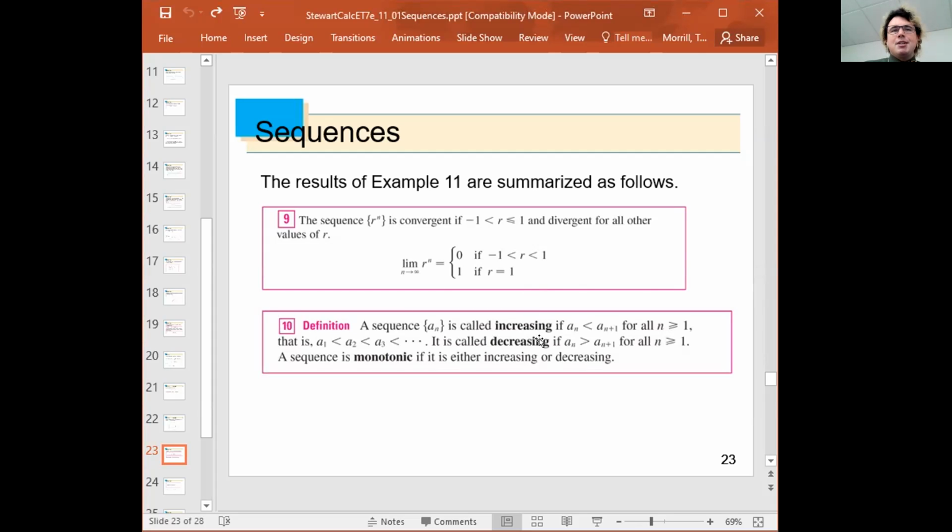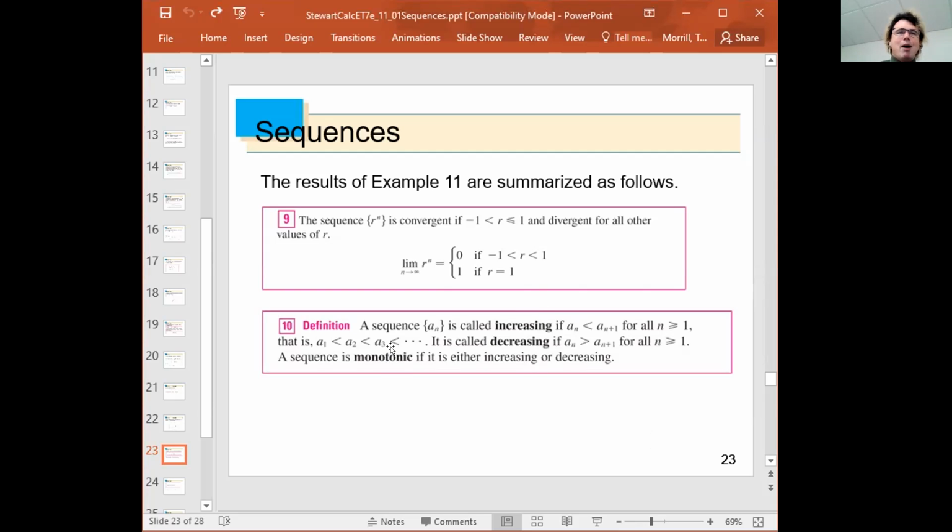Now, increasing and decreasing are sort of opposite ideas, but they are similar enough that it's convenient to have a word that means either increasing or decreasing. And again, this is a very technical term.